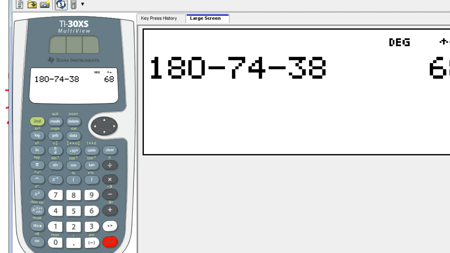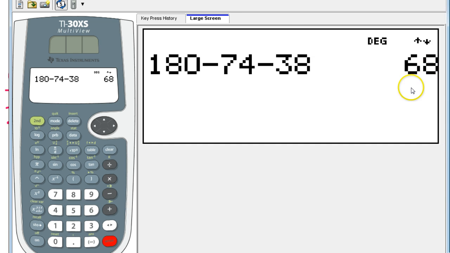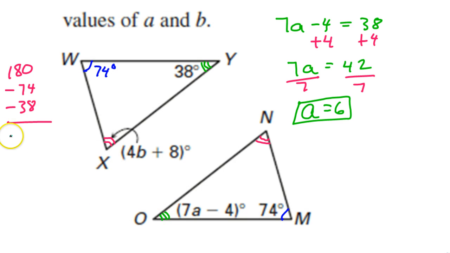Okay, and that is 68. So that means this angle is 68 degrees.